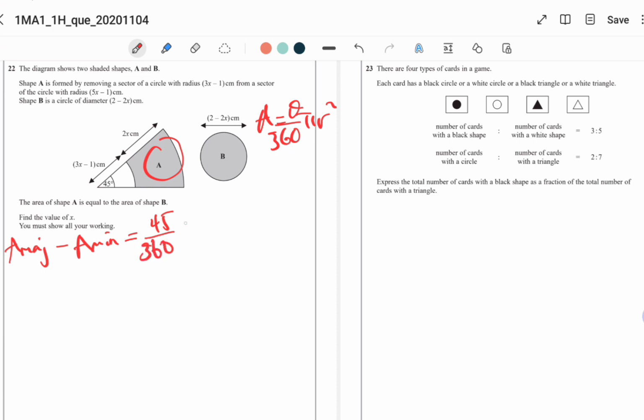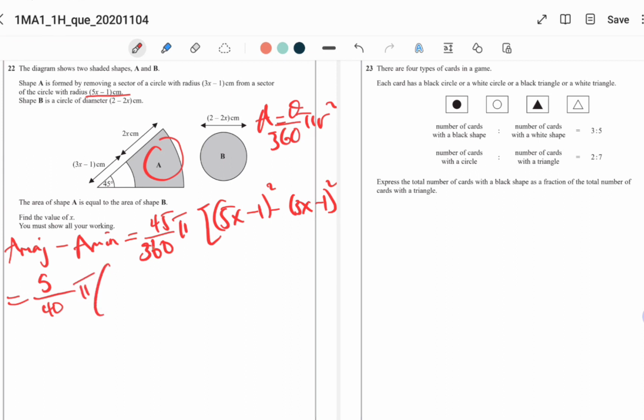So I'm just going to factorize that out, and we're going to be left with a radius square. So the different radii would be 5x minus 1 squared minus 3x minus 1 squared. And well, if I simplify this fraction, 9 can divide both of them, so that would be 5 over 40 pi.